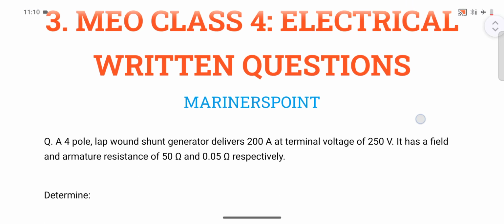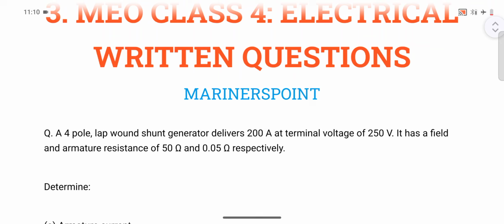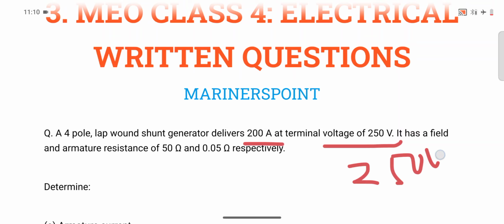Today's question: a 4-pole lap-wound shunt generator delivers 200 ampere at a terminal voltage of 250 volt. The field and armature resistances are given.